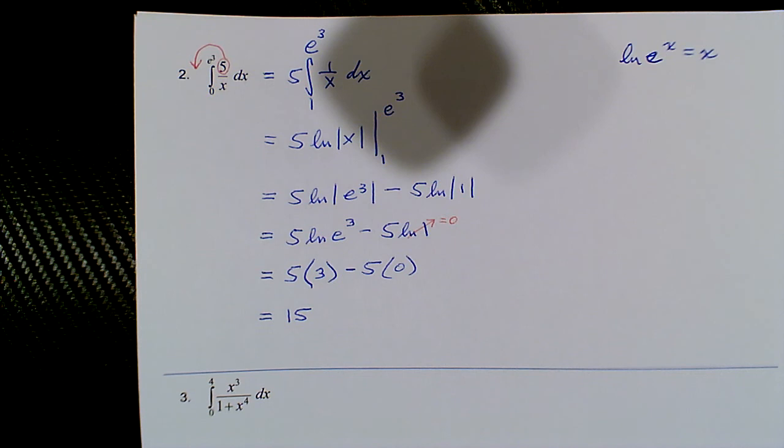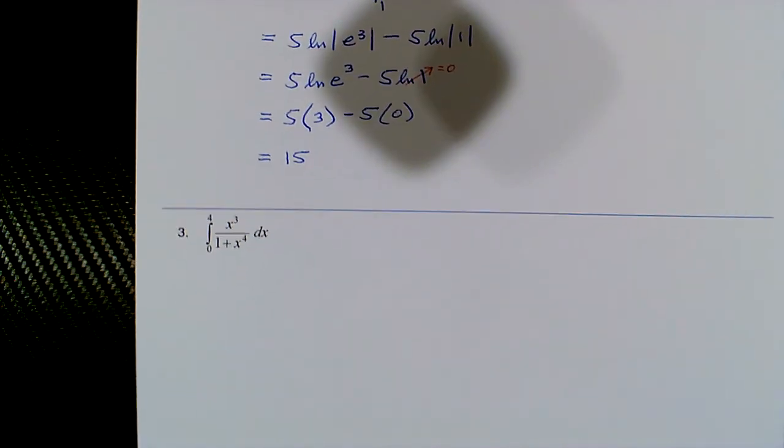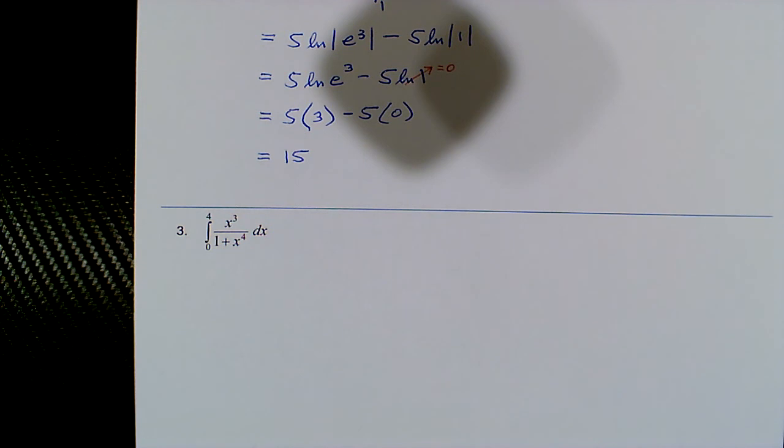Okay, so then in the last problem, we see something a little bit more interesting, and that is a fraction where the denominator, so we ask, is it a fraction? Yes. Is the denominator a power? No, it's not. It's just a function of x.